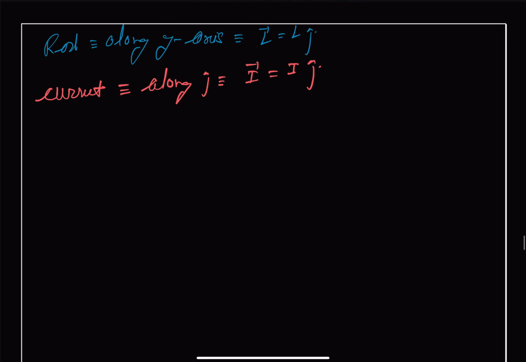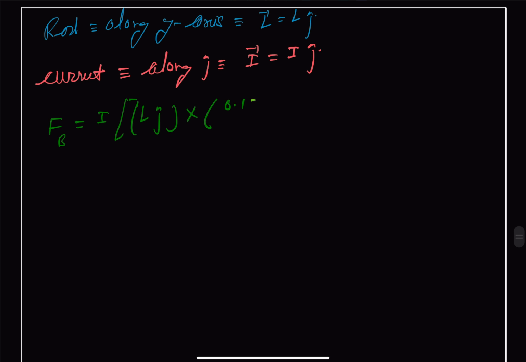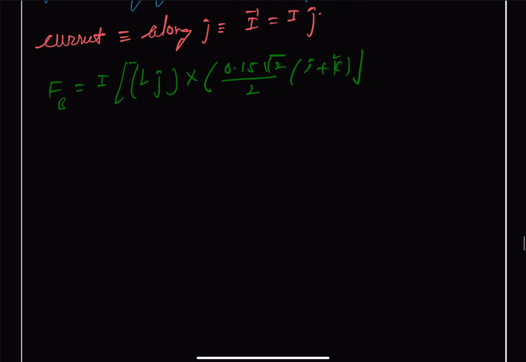Now we can easily find out our magnetic force, Fp. So Fp is equal to I L j unit vector cross the magnetic field we found out, 0.15 square root of 2 over 2 times (i unit vector plus k unit vector). And this is now quite simple.